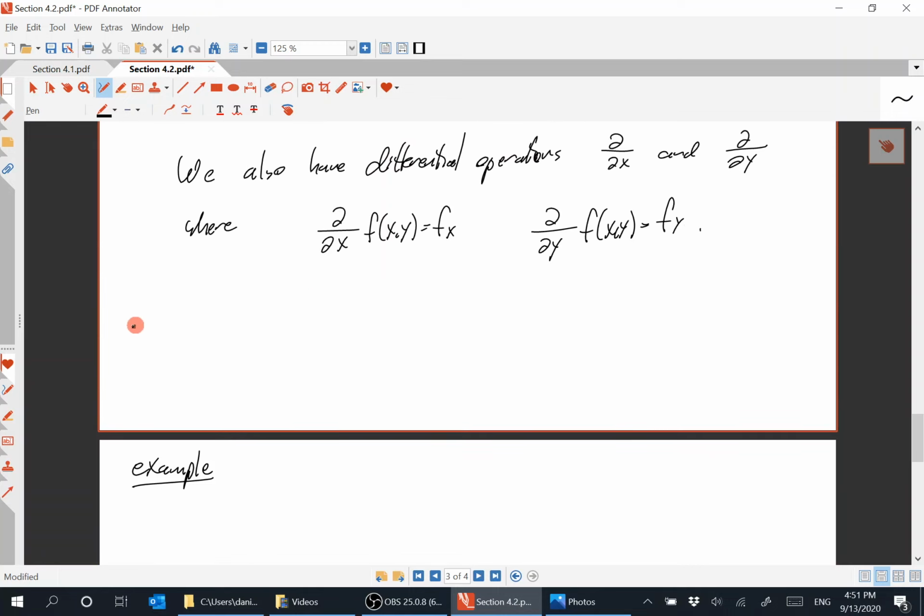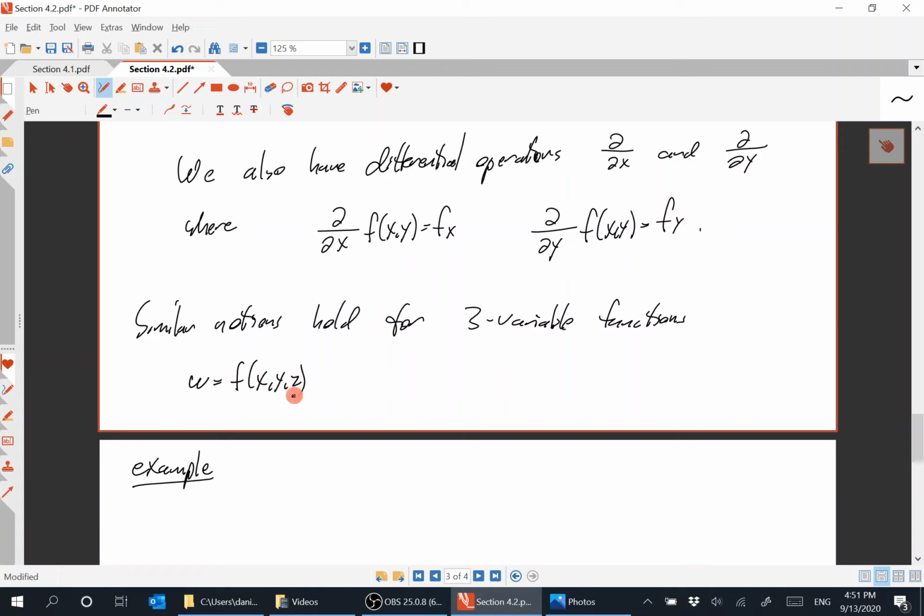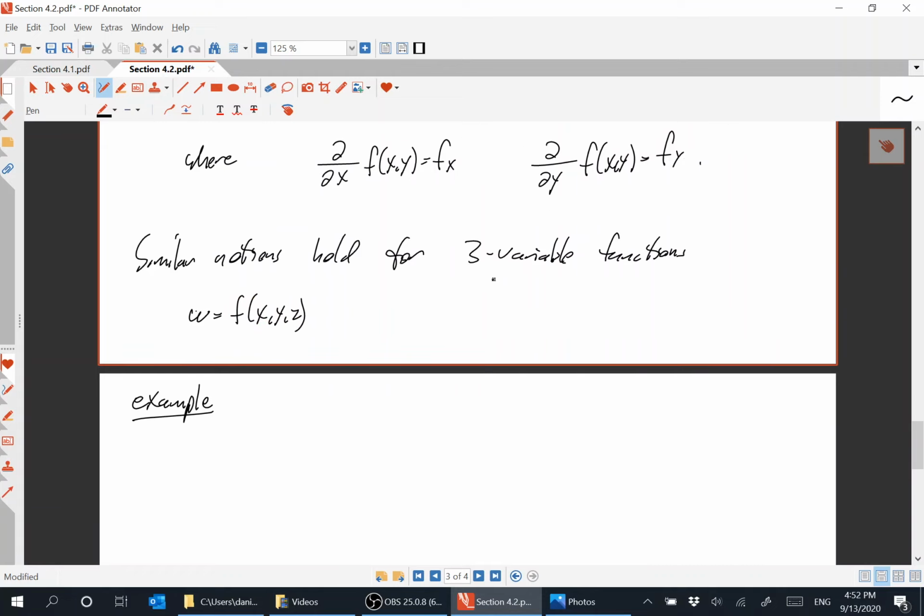All right, similar notions hold for 3-variable functions. w equals f of x, y, z. Now you've got 3 variables, x, y, and z, and the function is w.